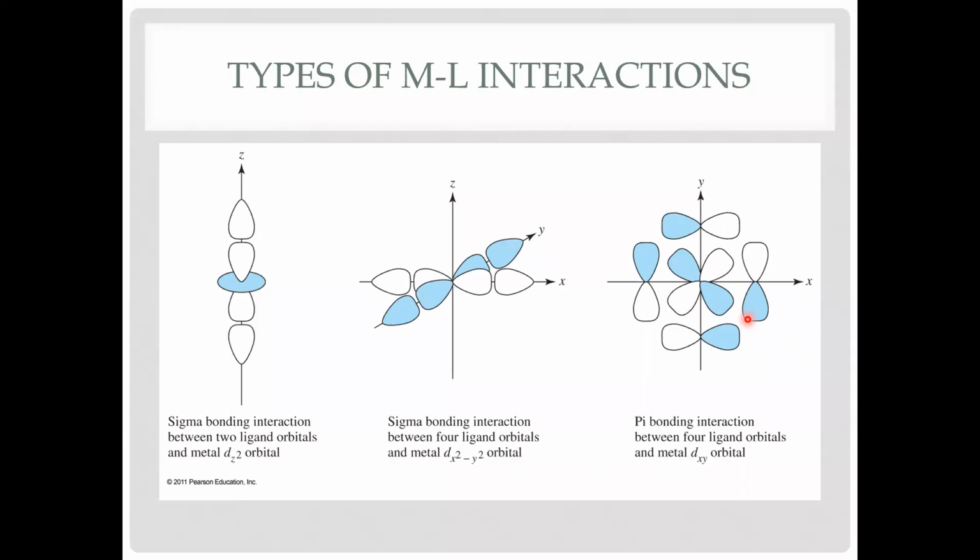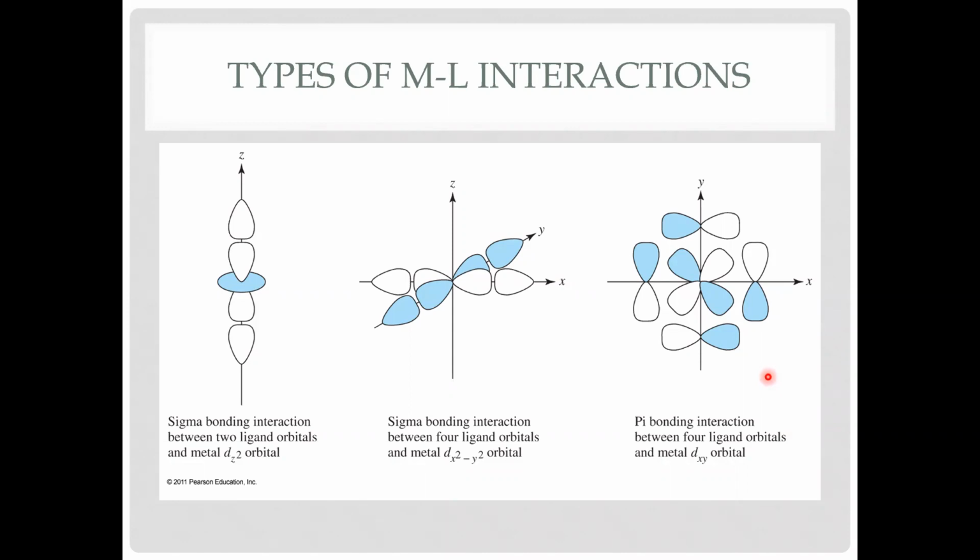So why is it slightly? Well, this is a pi interaction. They're not pointed directly at the ligands, and so it's weaker because of that. So we get a slight interaction that raises up those T2G orbitals just a little bit. Well, if I'm raising the bottom orbitals, the spacing becomes smaller. And this is why sometimes we have ligands, such as the halides, that have weak fields or small splitting between the T2G and EG.